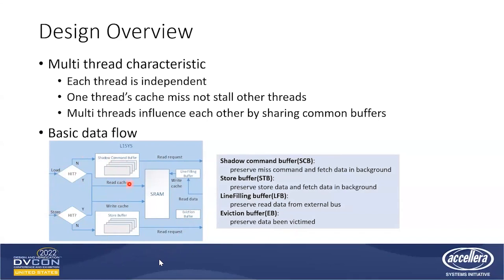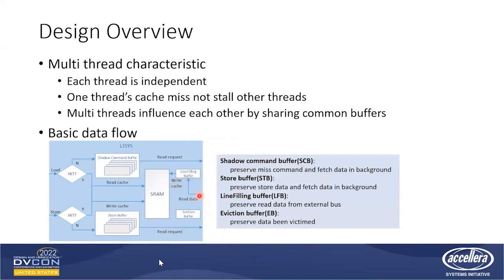Both the shadow command buffer and the store buffer will send a read request to the external memory to fetch the cache line for the cache miss. After the external memory sends the read data back to L1S, the cache update happens, and the data passes through the line filling buffer to the SRAM to do the cache update.